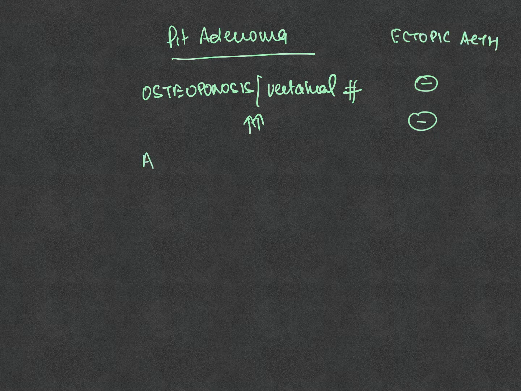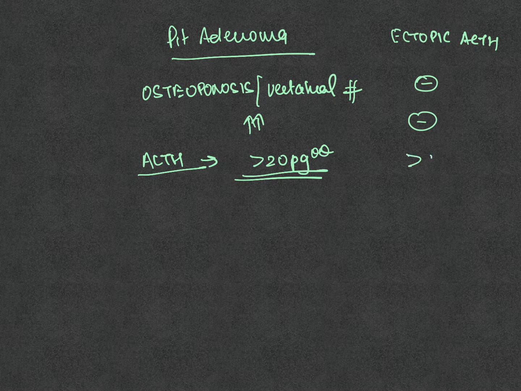Now ACTH is going to be around more than 20 picograms, while in ectopic ACTH it is going to be much more, 90 picograms.